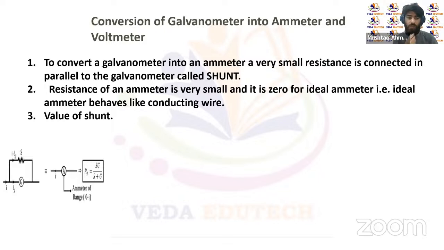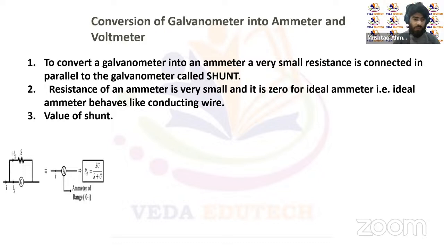To achieve this, we place a shunt, a resistor of very small resistance, parallel to this galvanometer. That resistor we call the shunt resistance.